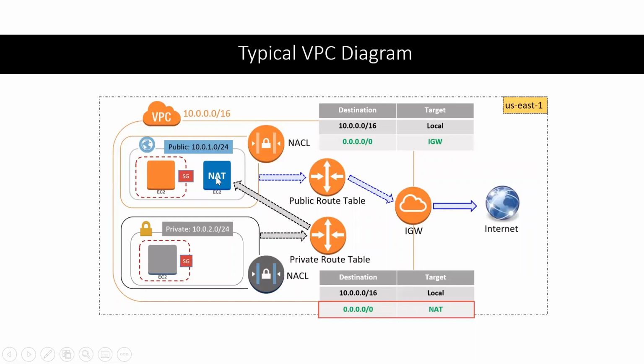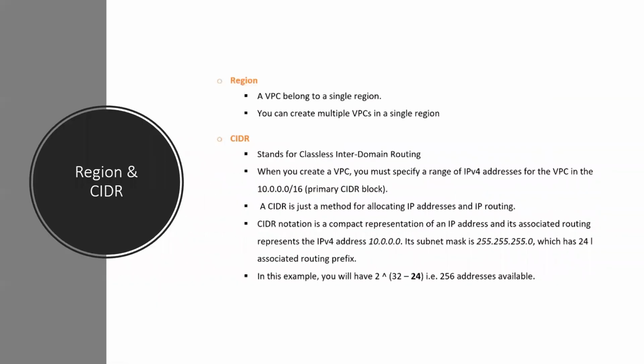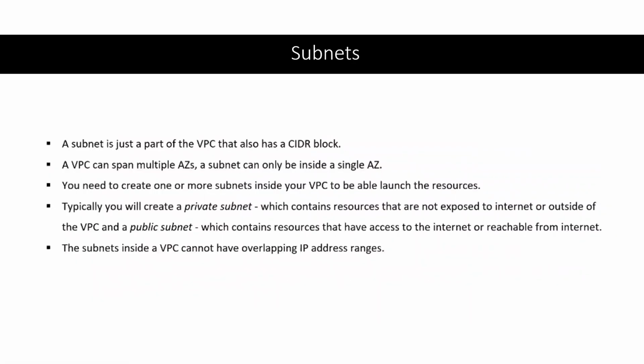Then we'll create the NAT instances, and I'll also show you a NAT gateway example. Then we'll create the network ACLs. This is the flow we'll follow for our demonstration, so that there is no confusion and we understand things. Let's move on to subnet.